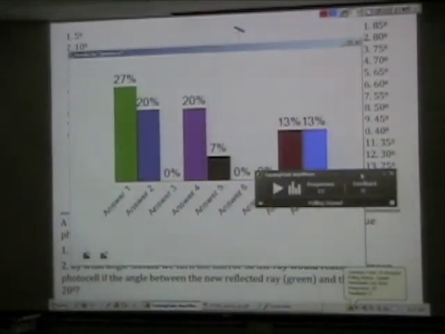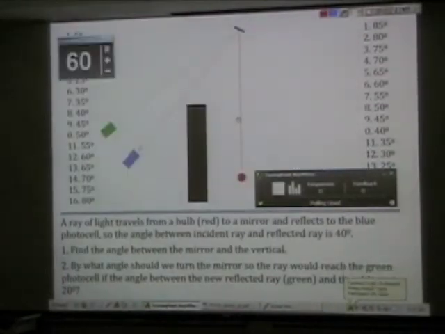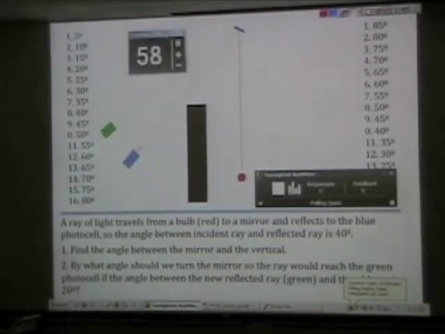Oops. I don't like it. Let's try again. The distribution is too not even.